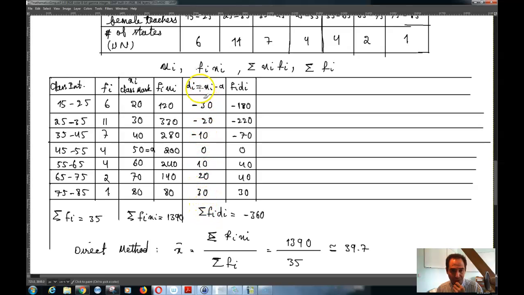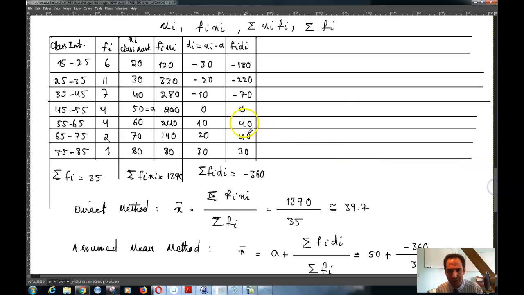So f of i times d of i would be negative 180, negative 220, negative 70, 0, 40, 2 times 10 is 40, and 1 times 10 is 30. Adding all of these together, you will get 80, 110.